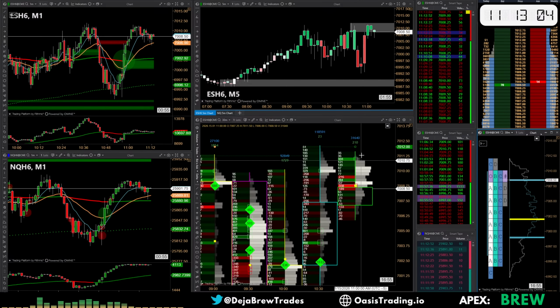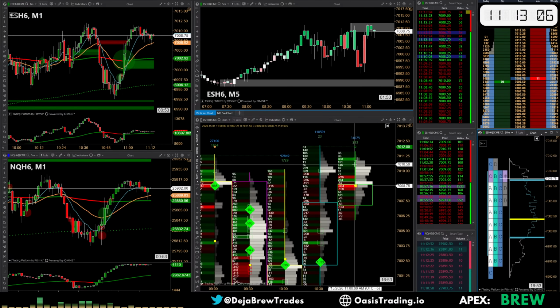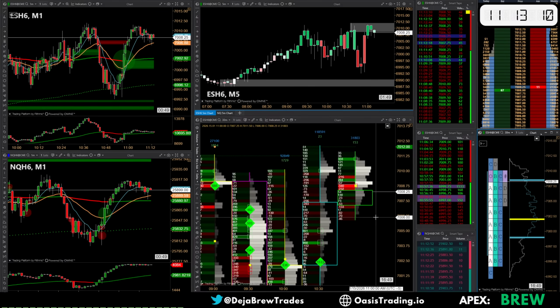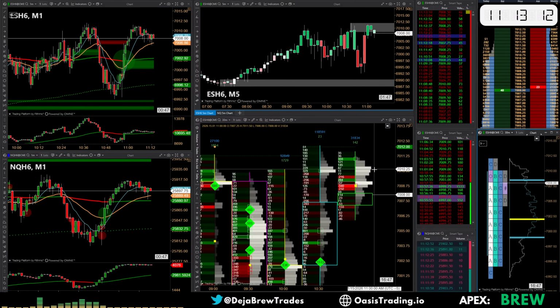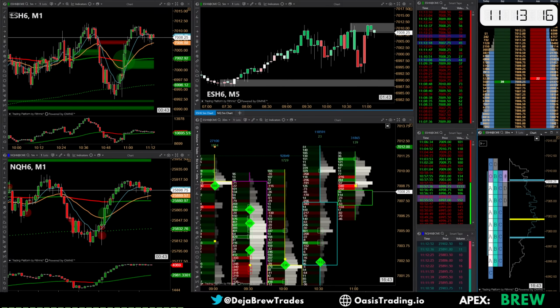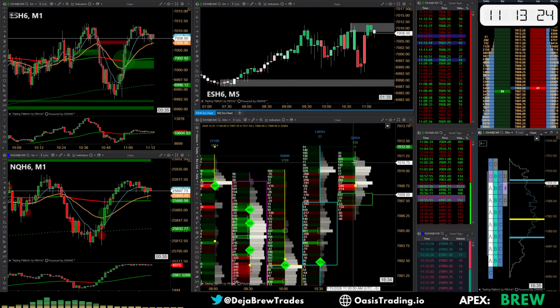Which you can turn on, by the way, if you want to see the value high and the value low. I personally just like eyeballing it, just seeing where the volume's fallen off. I feel like if I see the exact level that it's giving on the candle, I want to rely on that exact level. But if I don't have the exact level, I can think about it more as a zone.